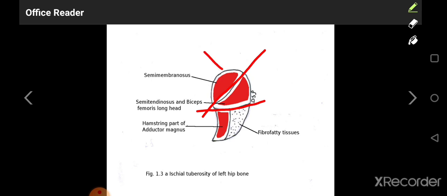The superolateral triangle gives origin to semimembranosus muscle, and on the superomedial part we have origin of semitendinosus and biceps femoris. The lower triangular part is again divided into medial and lateral halves with the help of this vertical ridge. On the medial part we have deposition of fibrofatty tissue, and the lateral part gives origin to the adductor part of hamstring muscle, that is the hamstring part of adductor magnus.